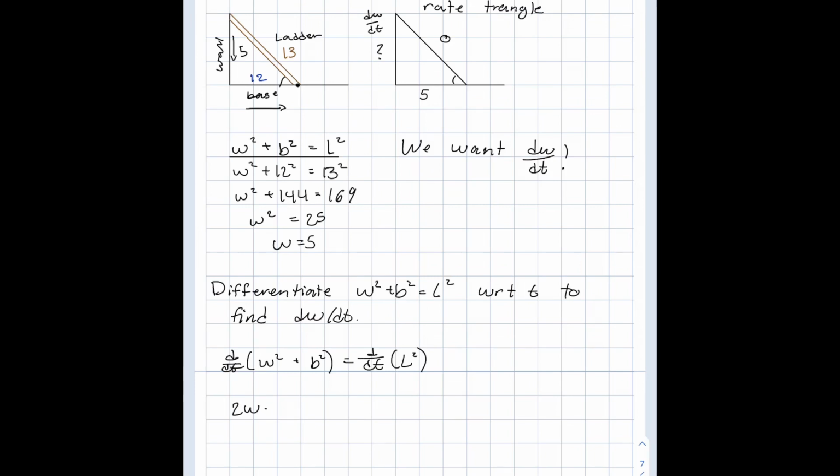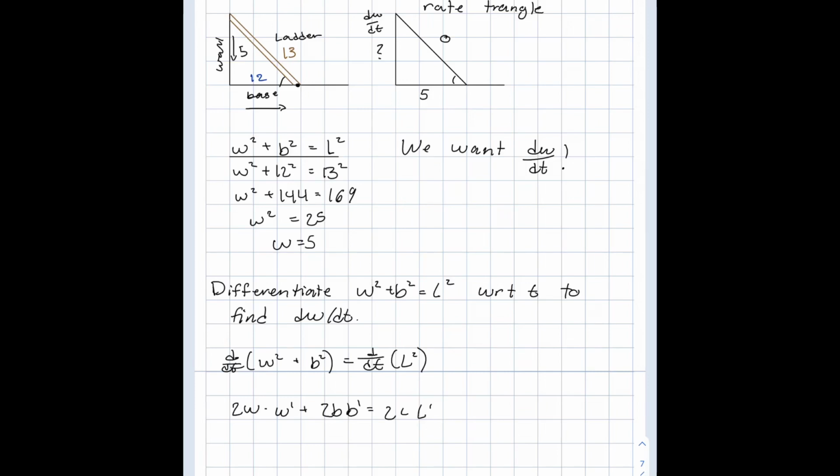It's going to be 2w, instead of writing w, dw/dt, I'm just going to write w prime, plus 2b, b prime, equals 2l, l prime. You don't have to. It's just what I want to do.